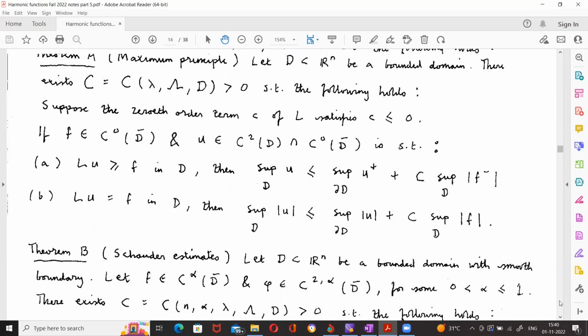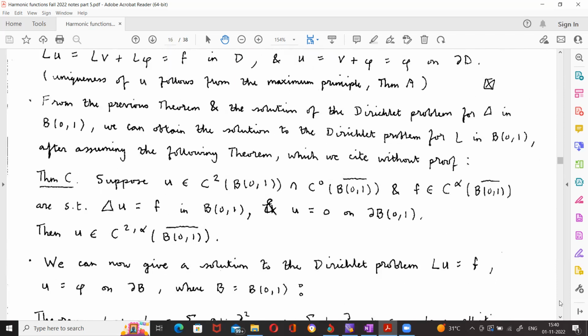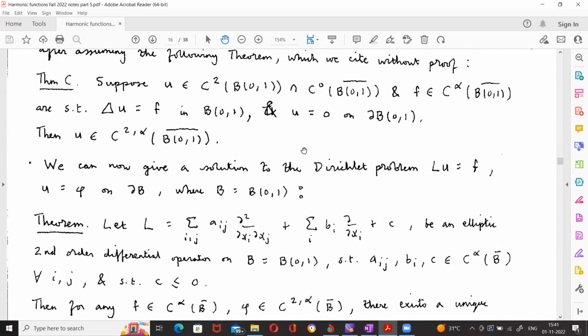So that is a theorem which is proved in Gilbarg and Trudinger. We're not going to prove that. So actually what they prove is the following.